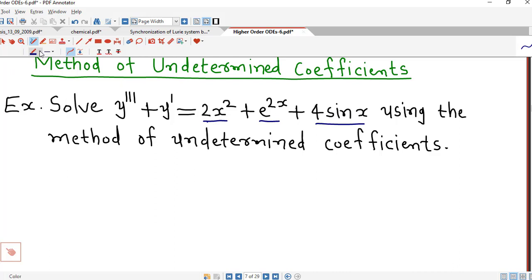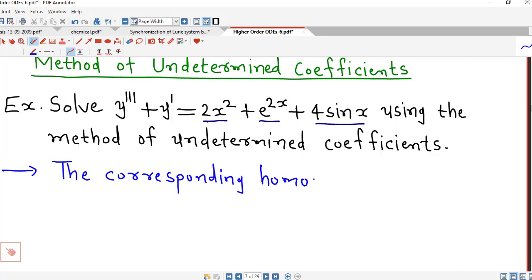So first we find the complementary function by writing the corresponding homogeneous differential equation. As we know, if we consider the right hand side equal to 0, we will obtain the corresponding homogeneous ordinary differential equation.